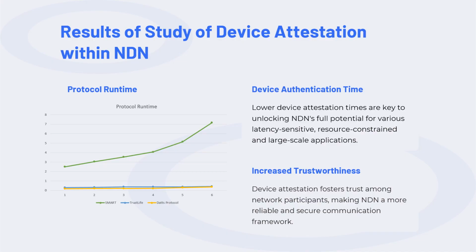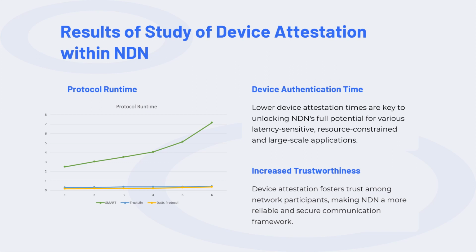Next, we go to the results of the study of device attestation within NDN, where we look into protocol runtime and device authentication time. Protocol runtime is evaluated based on the runtime for a given task. The lower the runtime, the better the performance.